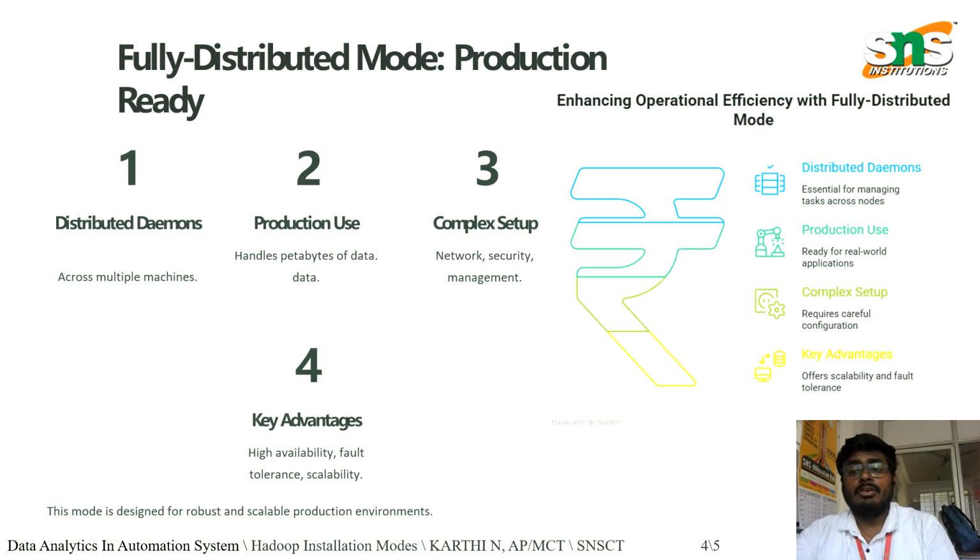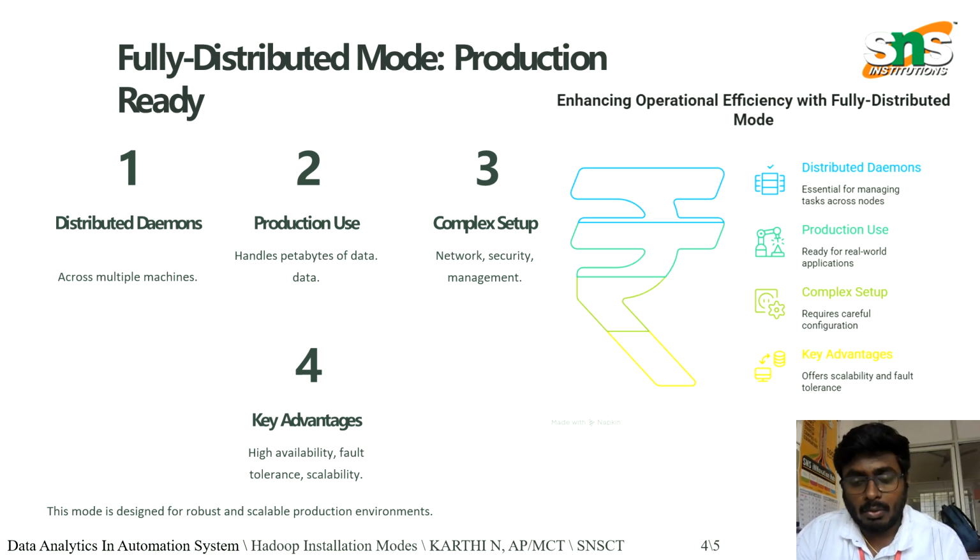Next, fully distributed mode is more complex, with three elements: distributed daemons, production usage, and complex setup. Fully distributed mode is useful only for production environments, for handling big data at a big scale.